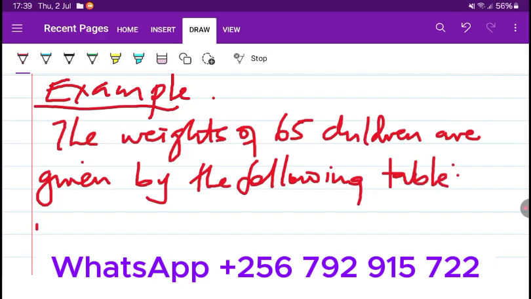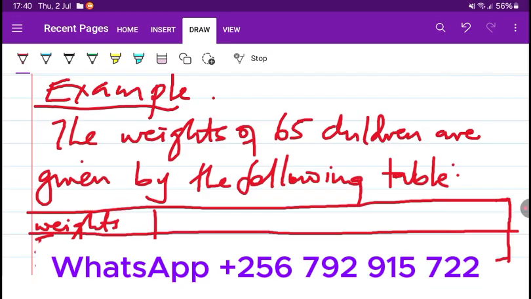Of course we have the weights, then we have the frequencies. So they have given us a class of 50 to 60.